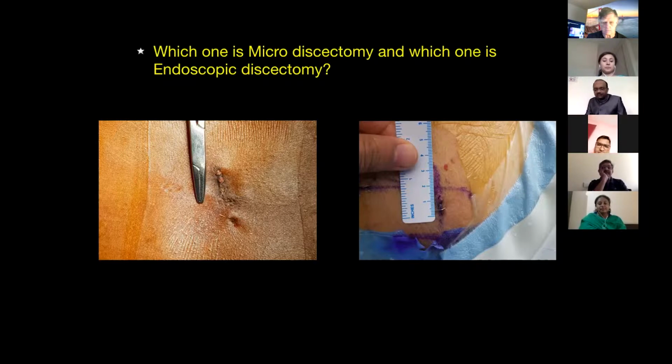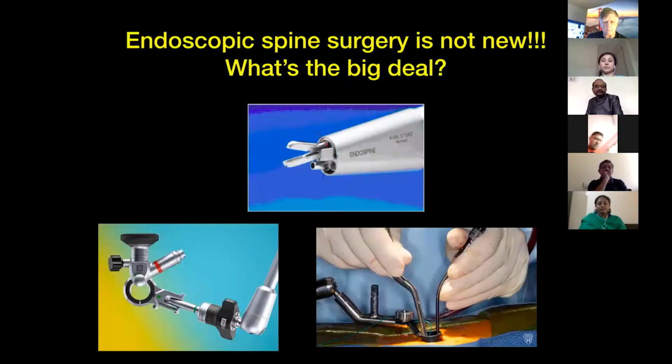It is something completely different concept of approaching the disc through a different corridor. Dr. Parthiban did mention that transforaminal approach, and that's what I'm going to talk about today.